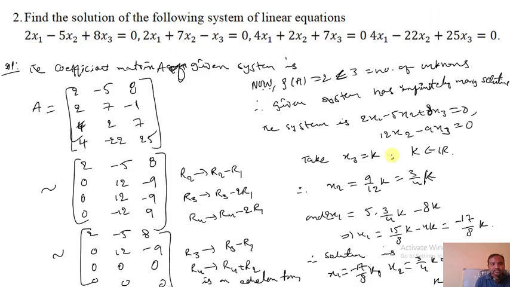Suppose if you get rank 1, in that case you get only one equation. Here two are free variables, only x1 is depending on them. Take x2, x3 as k1, k2 like that. When the number of free variables is more than 1, we take another k, like k1, k2.